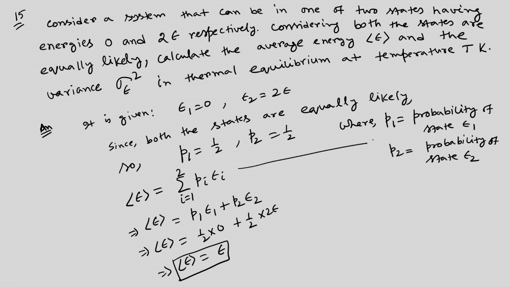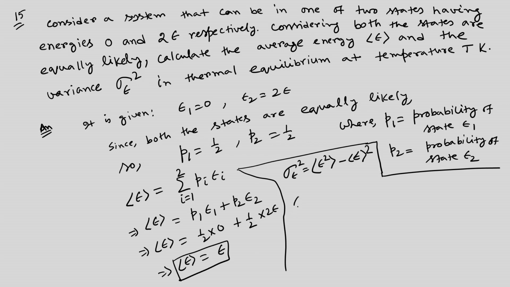And next we need to calculate the variance of energy, or sigma epsilon to the 2. So, the variance of energy epsilon is epsilon to the 2 average minus epsilon average to the 2. Now, epsilon average we have already got. So, epsilon to the 2 average is P1 epsilon 1 to the 2 plus P2 epsilon 2 to the 2.